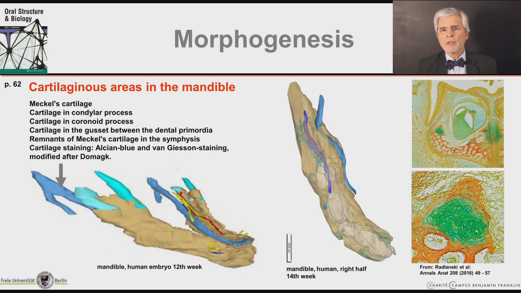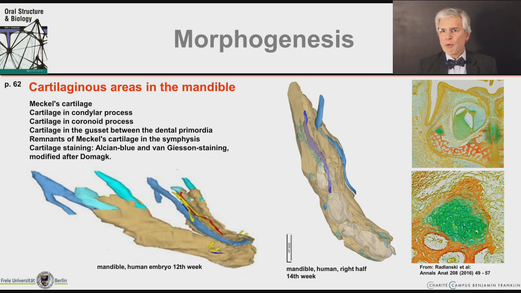So we see Meckel's cartilage, which is present earlier, before bone is being formed. There we see cartilaginous centers in the condylar and in the coronal processes. This was all known for a long time, and it was also always described in this way. And at the same time, the description of the ossification has also been dodged, how this takes place exactly.